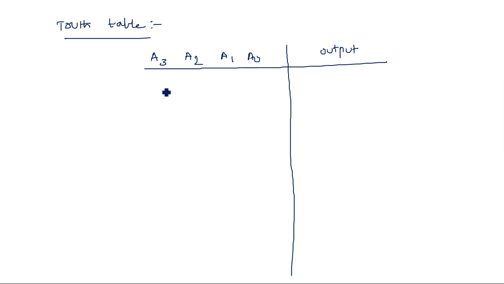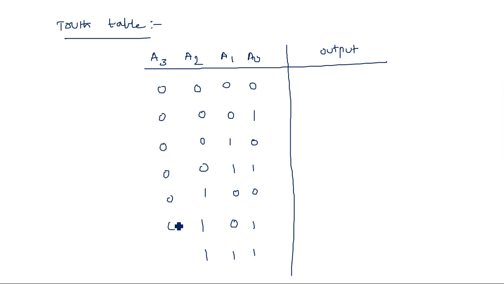Okay, so take 0 0 0 0, 4 zeros, then 0 0 0 1, 0 0 1 0, 0 0 1 1, 0 1 0 0, 0 1 0 1. All these are zeros. When 4 zeros are there, output is D0, and similarly D1, D2, D3.